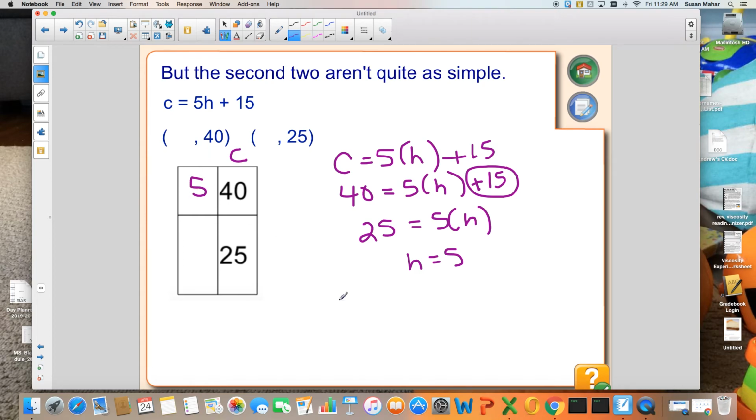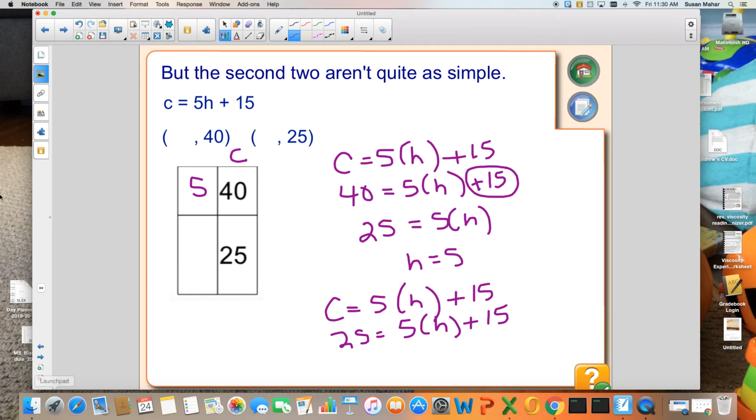For the second one, the cost is equal to 5 times the number of hours plus 15. The cost is now $25. And that's equal to 5 times the number of hours plus 15.